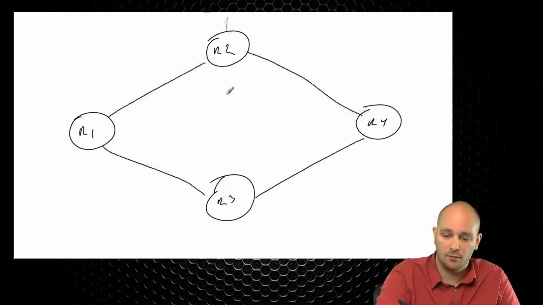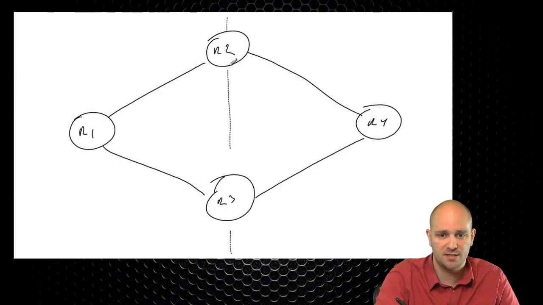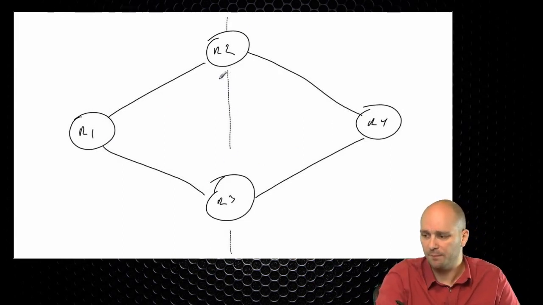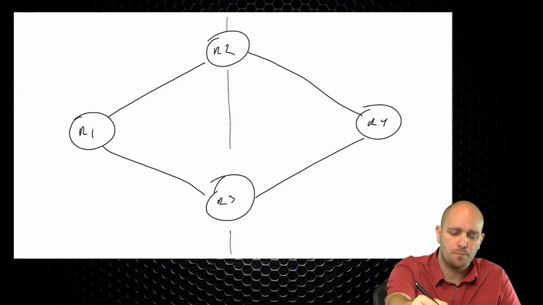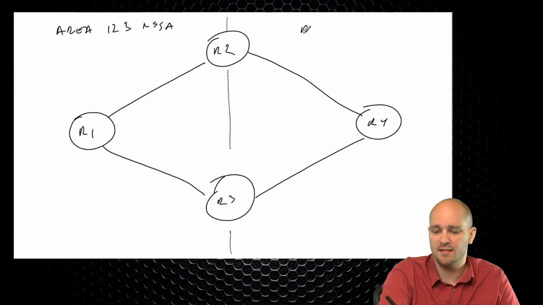And this is the area border. So there is no connection between R2 and R3. This is just a border between them. Okay? Now, this is, let's say, area 123 NSSA, and let's say that this here is area 0.